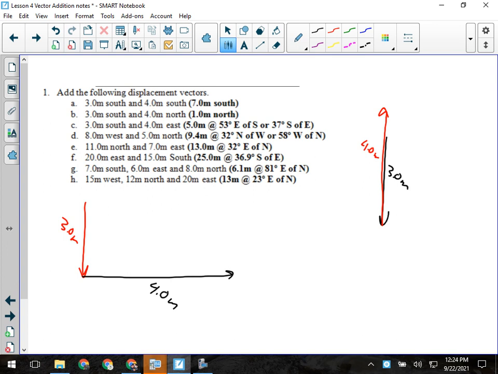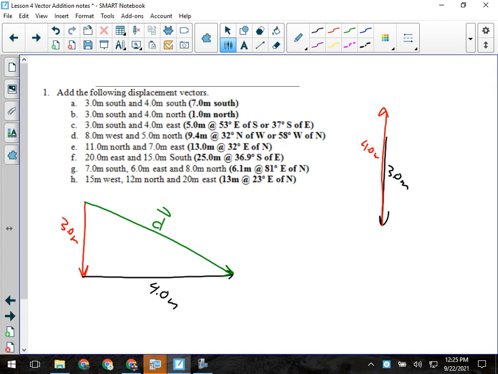No, they're not collinear. They are perpendicular. There's a 90-degree angle between them. And I've drawn them tail to head, same as I would any other vector. But now, in order to get my resultant, which in this case represents a displacement, I go from my starting position to my ending position. That's my resultant. In this case, it's a displacement vector.